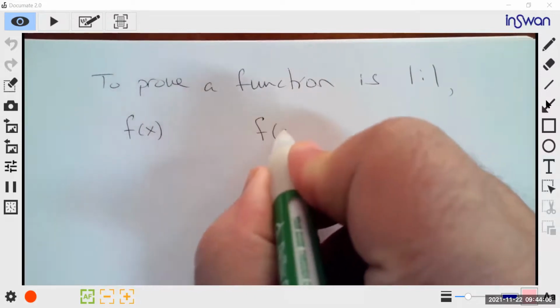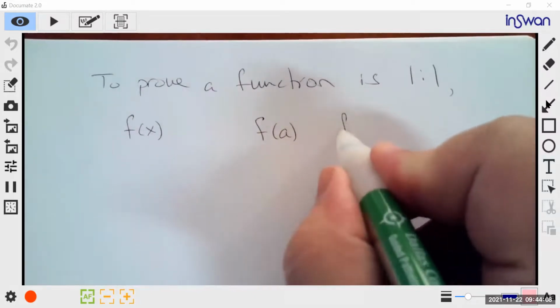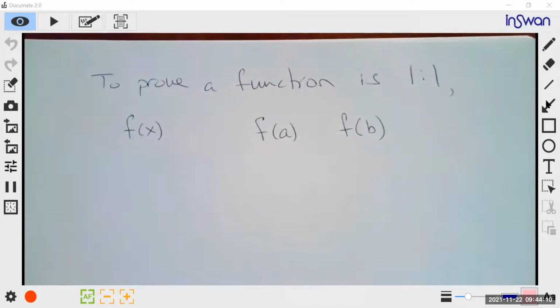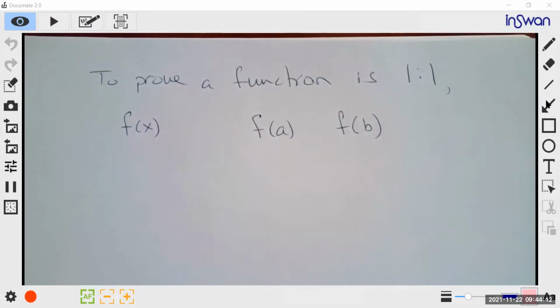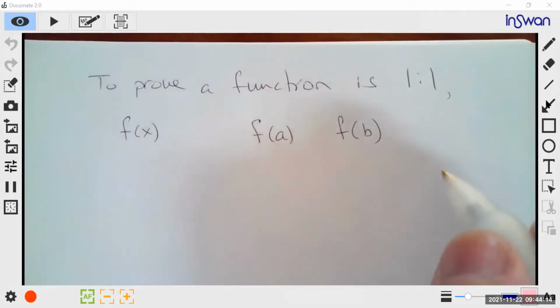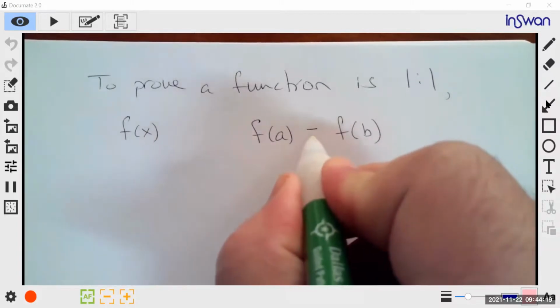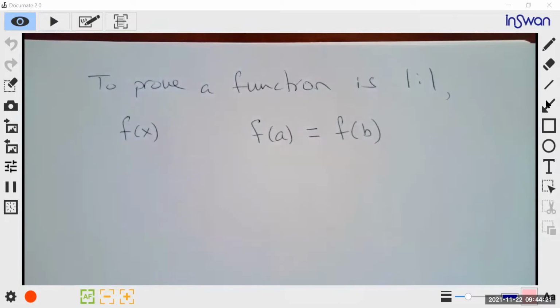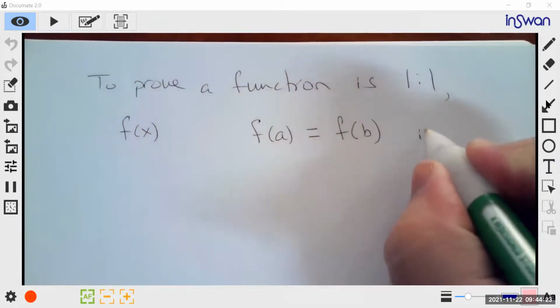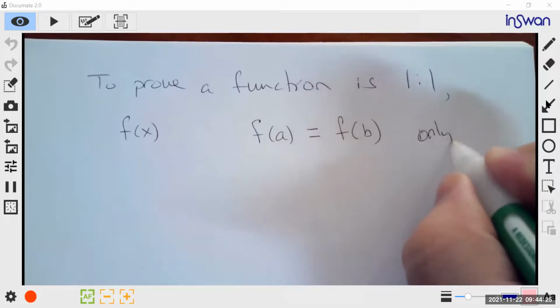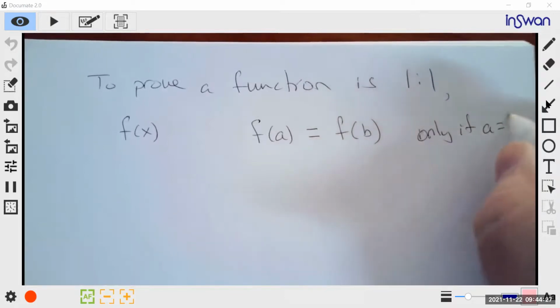If I pick two values, A and B, the only way these two answers can be equal is if A equals B.